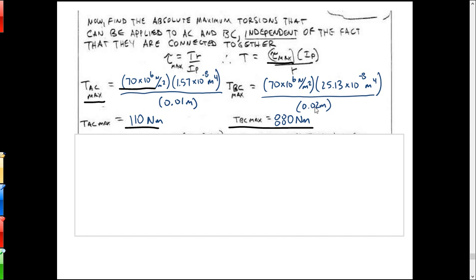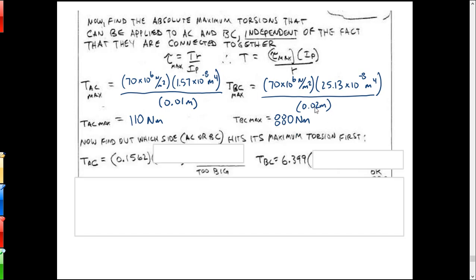See? So I can go ahead and say, okay, let's figure out which side maxes out first, okay?